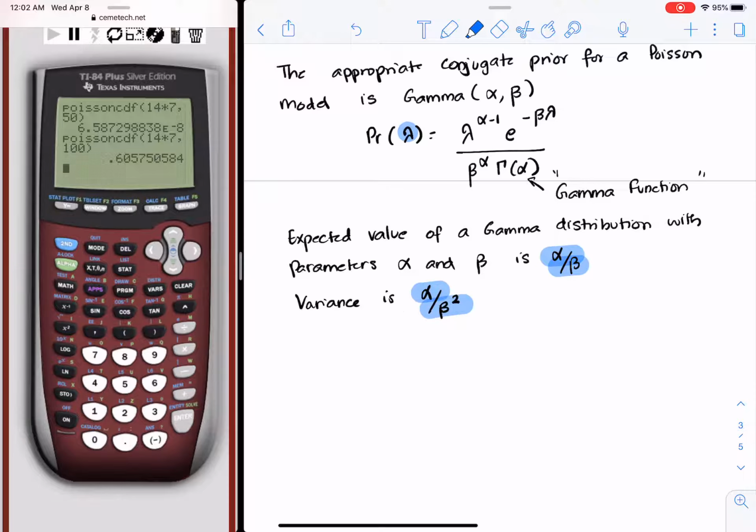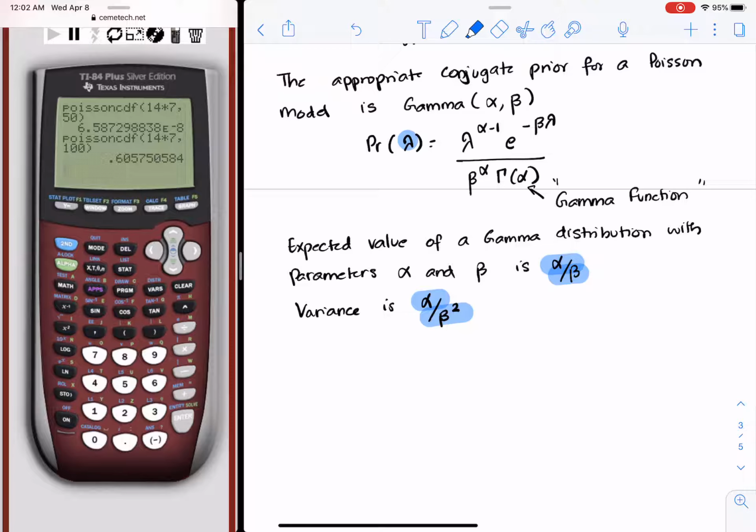And this is going to be the conjugate prior for our Poisson model, and you would see why soon. That beta raised to alpha should be in the numerator. It's a mistake. Okay, so now going back to our expression here.